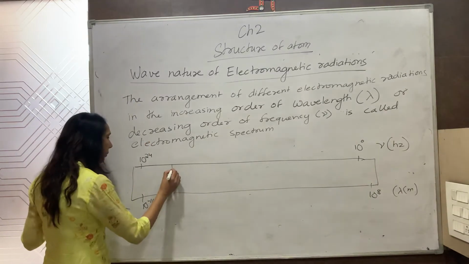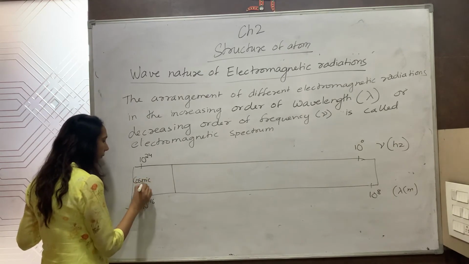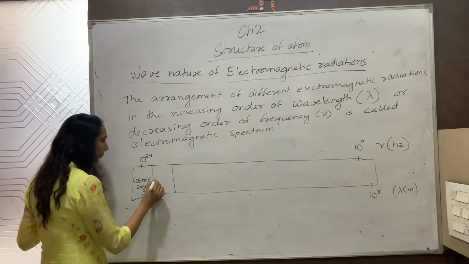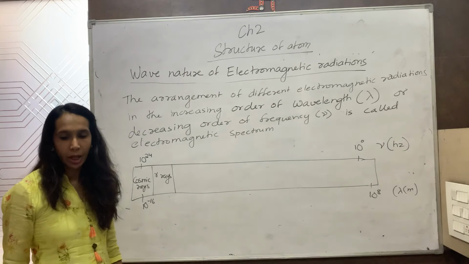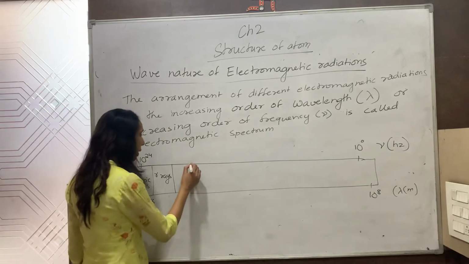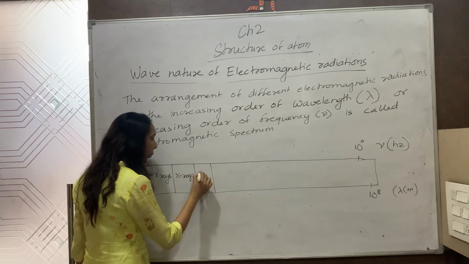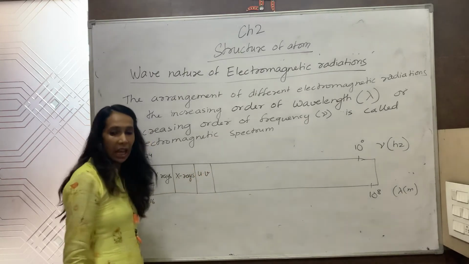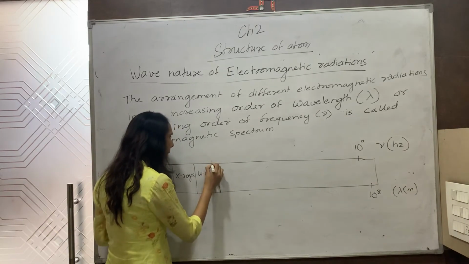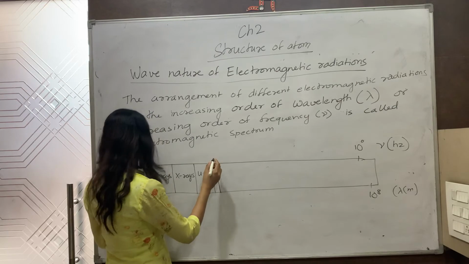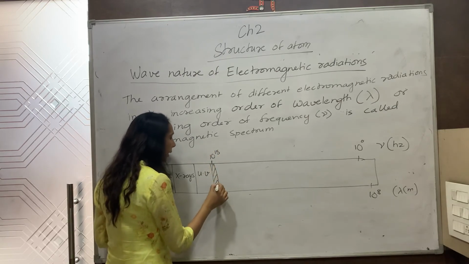First come the cosmic rays and then the gamma rays. After the gamma rays, you get the X-rays, the UV rays, and a very small region at about 10 to the power 15 Hertz is the visible region.